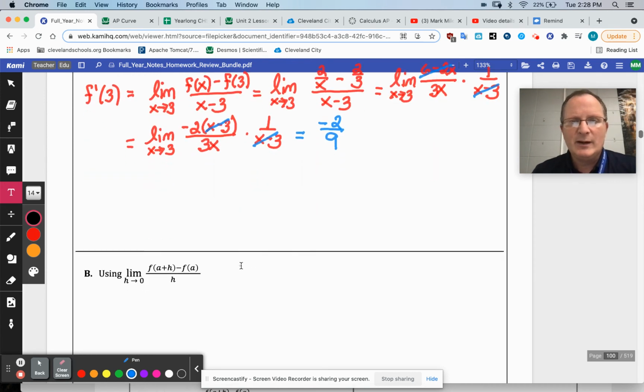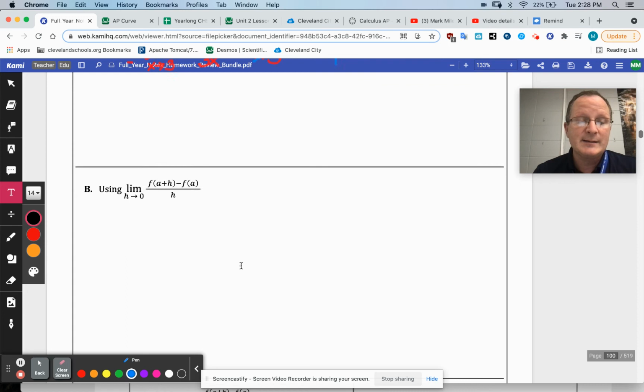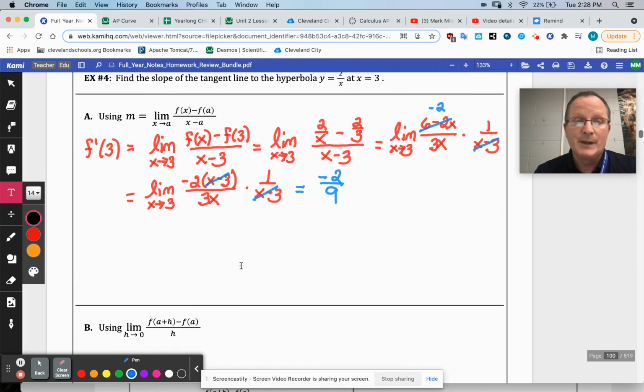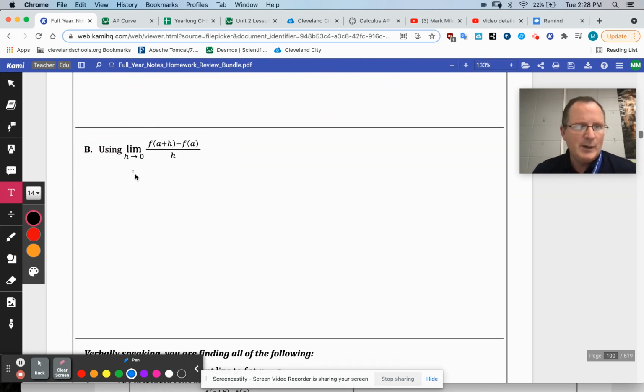Now let's go down here and look at this other way. We're going to get negative 2/9. I mean, we know that's going to happen. The function is 2 over x. All right, so here we go.